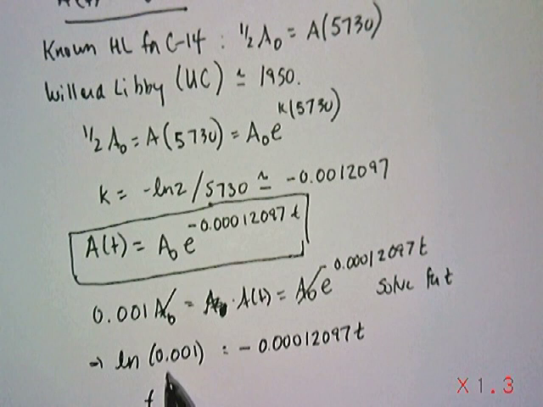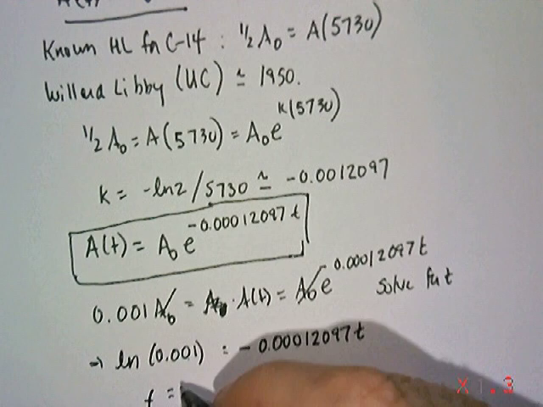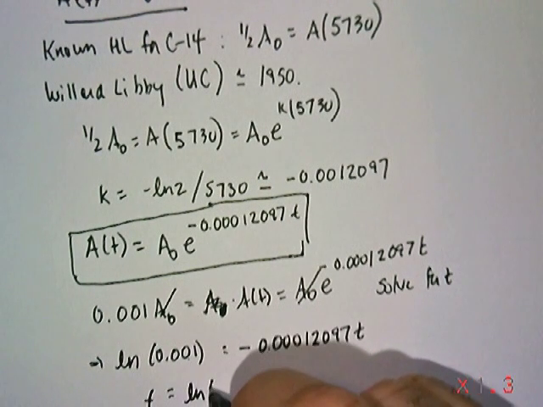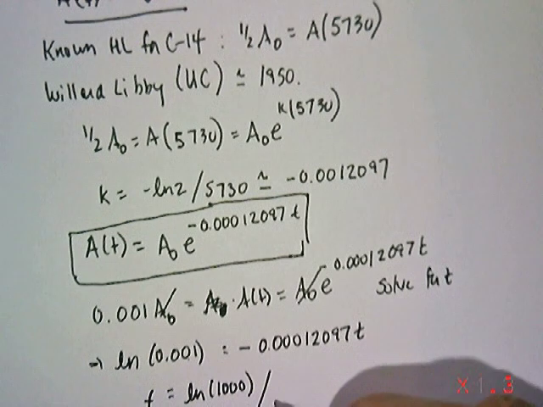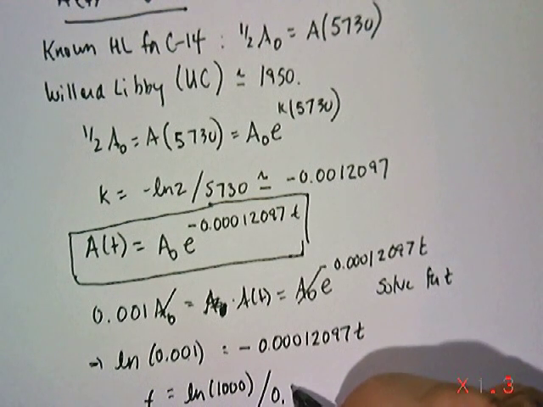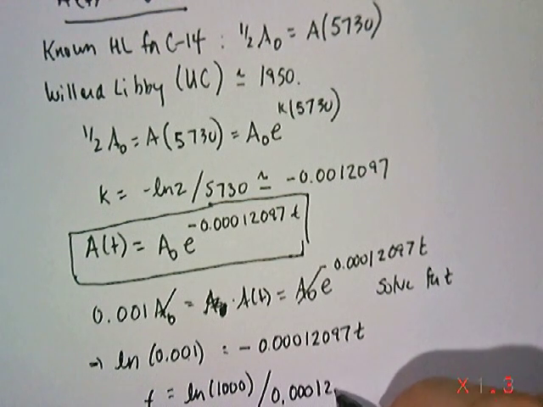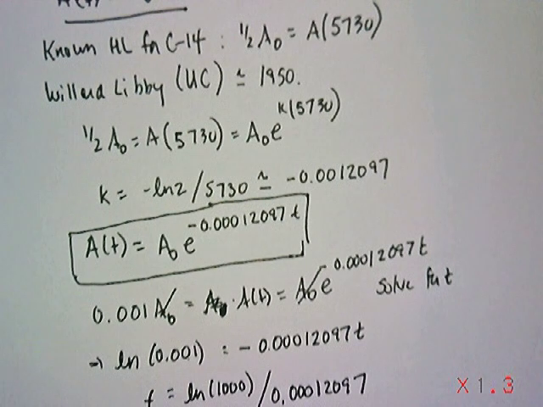We could think of the fact that 0.001 is 10 to the minus 3, so we can rewrite this as the natural log of 1,000 divided by that small quantity, 0.000121097.